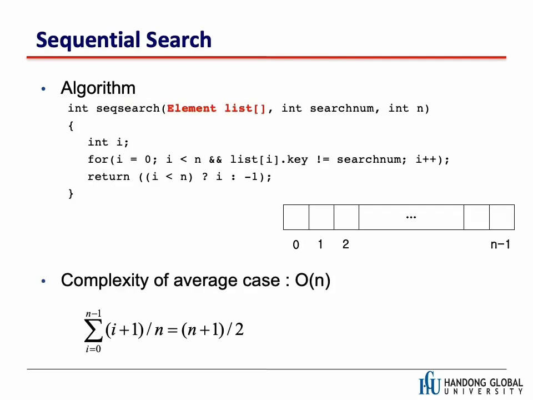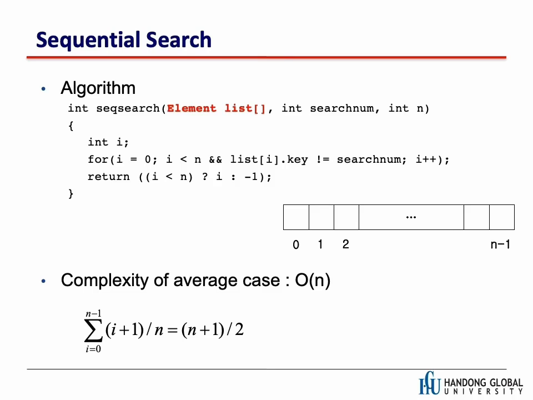Now let's talk about search. In the search algorithm, if this array is not sorted, then what should we do? Basically, we have to check all the elements. So in this for loop, i goes from 0 to n-1, checking if this element's key is the same as the search number. The search number is the target key.